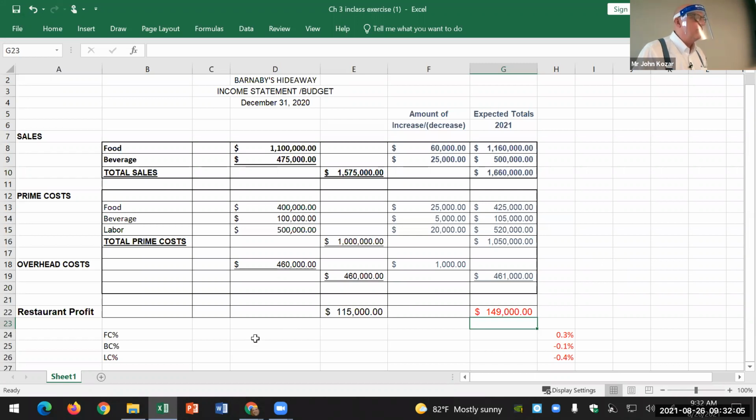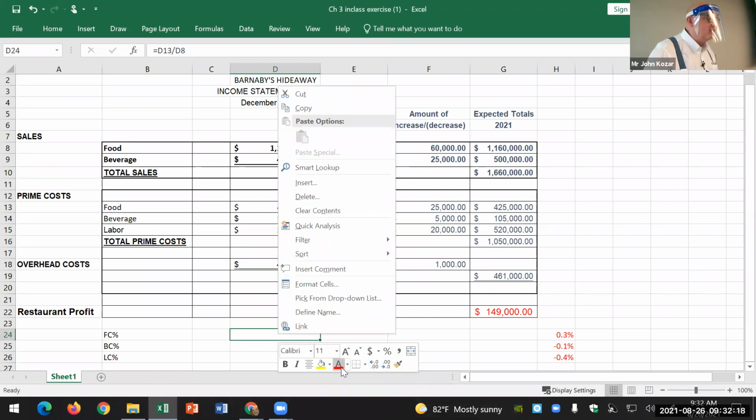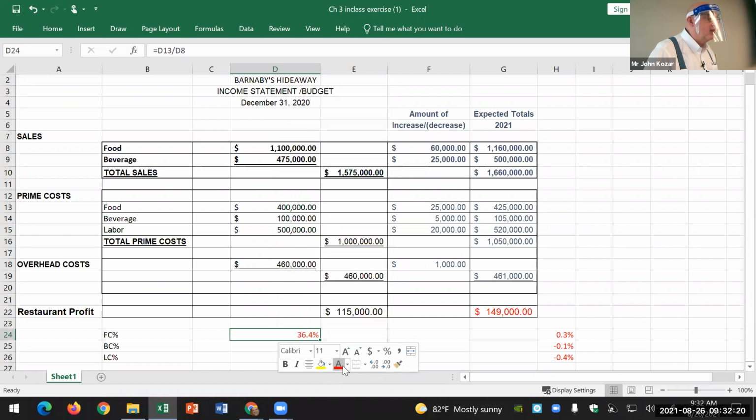Alrighty, so what about 2020, the food cost percent? 37? 36.4? I'm getting 36.4.